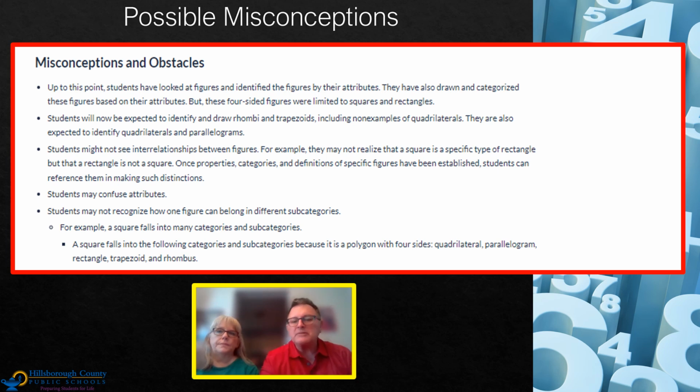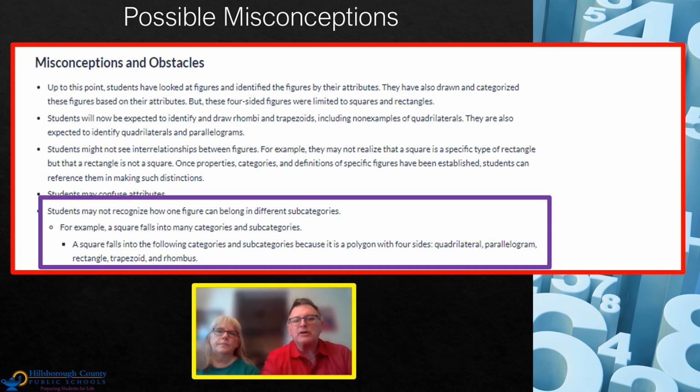So here are misconceptions and obstacles, but I'm going to highlight the 5th one here. Students may not recognize how one figure can belong in different subcategories. Well, our conversation on the previous slide just illustrated that. Here you're talking about the category of square, which has different subcategories.